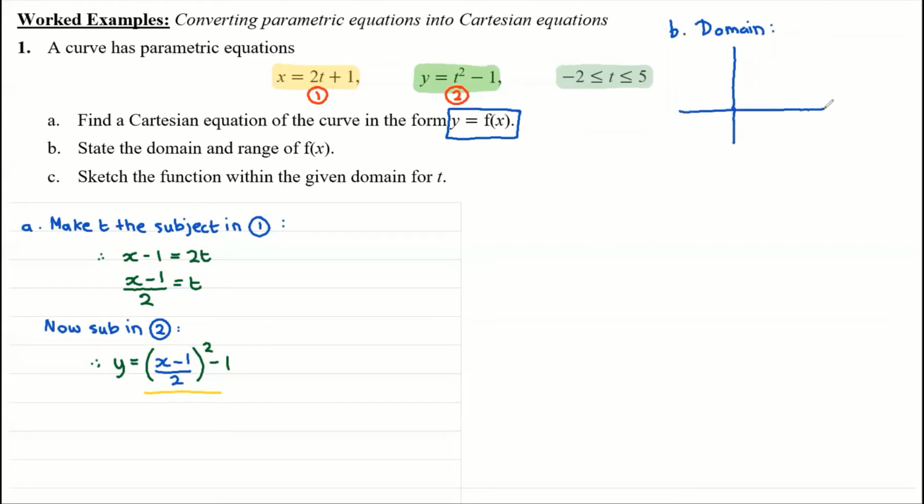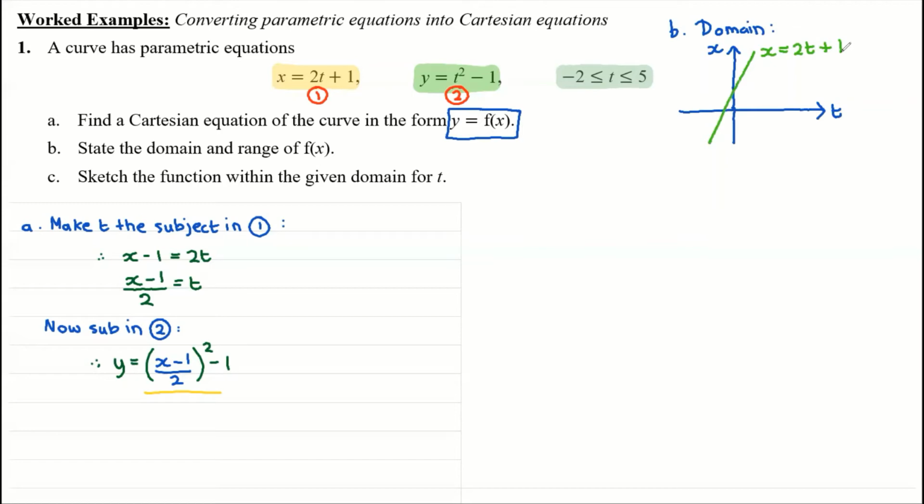So this will be the t-axis, and this will be the x-axis. We know it's a straight line graph, and it's quite steep and it crosses at 1. So it's going to be something like that. So this is the graph x equals 2t plus 1, and obviously this is not to scale. I'm just using this as an illustration.